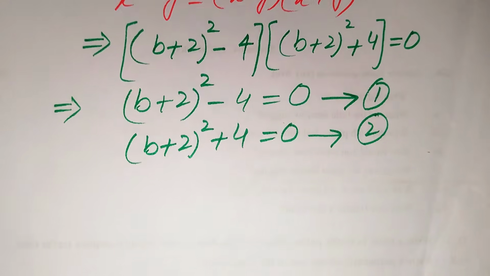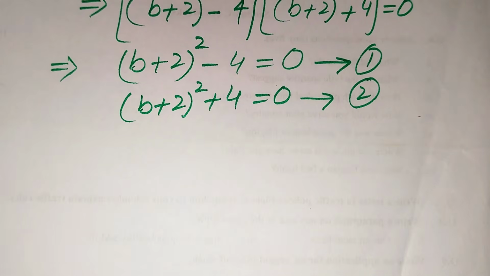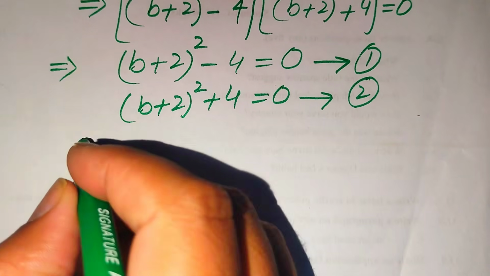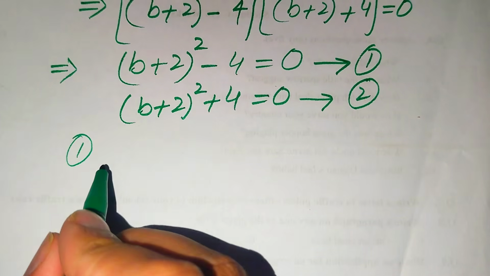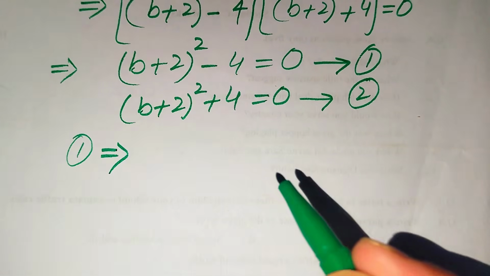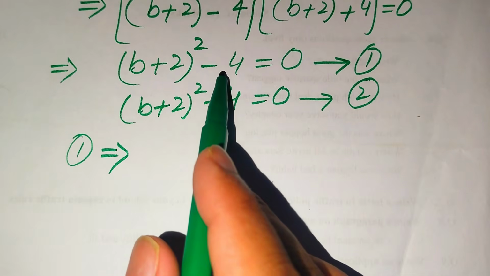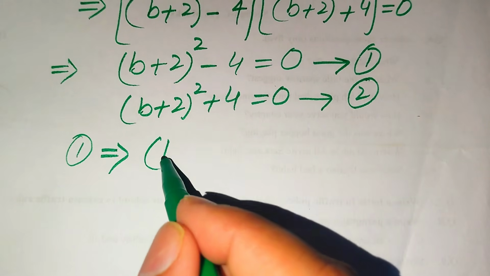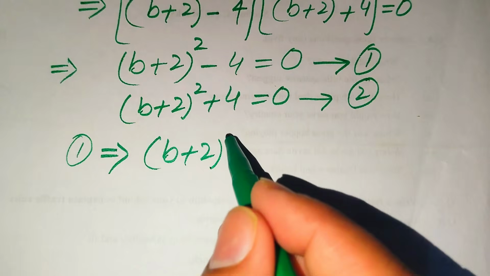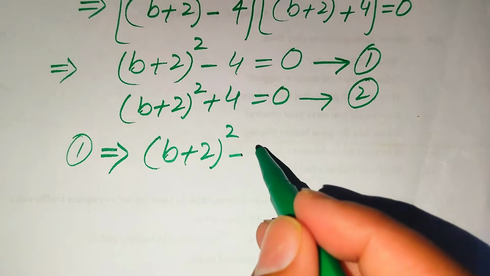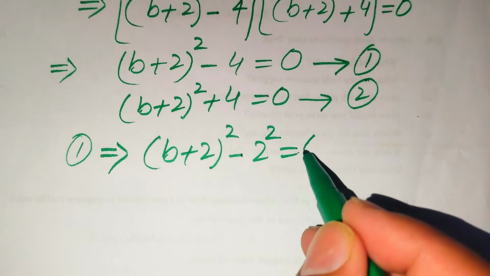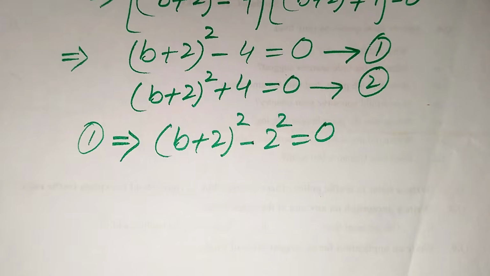We need to solve both of these equations and get the real values of b. First, we focus on equation number 1, and we rewrite it as (b+2)^2 minus 2 squared equals 0.